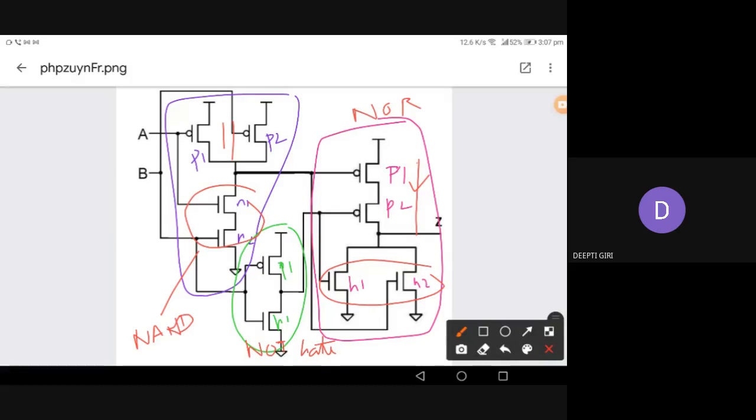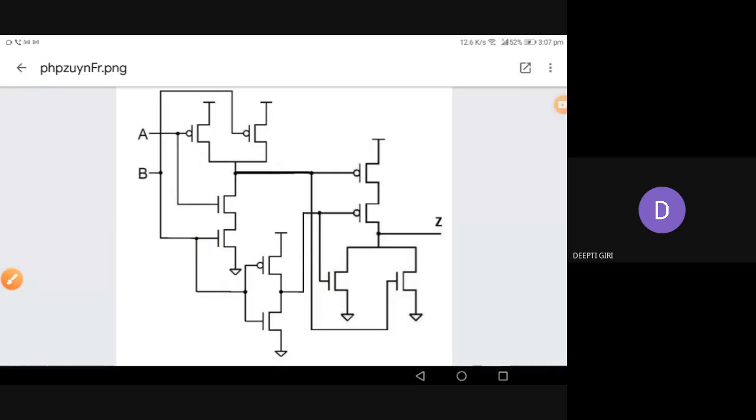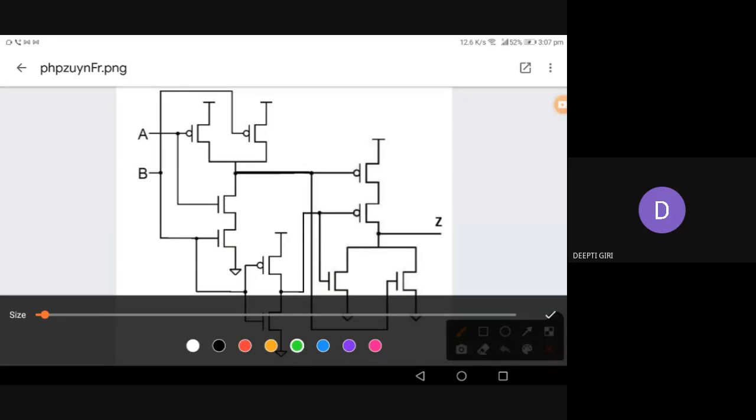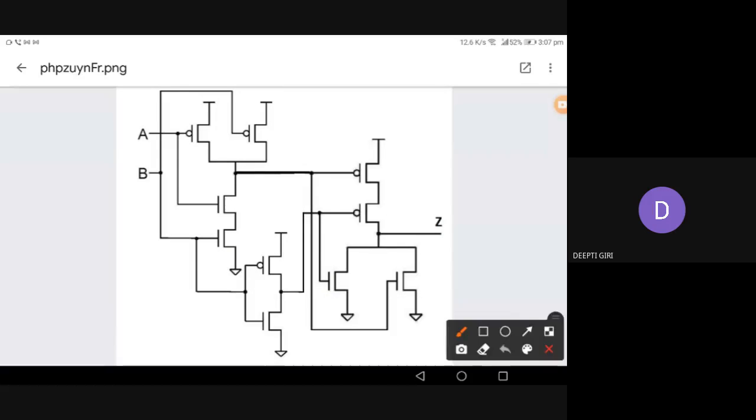So how do we analyze this? Initially we see that the output of this NAND gate will be (A into B) whole bar.